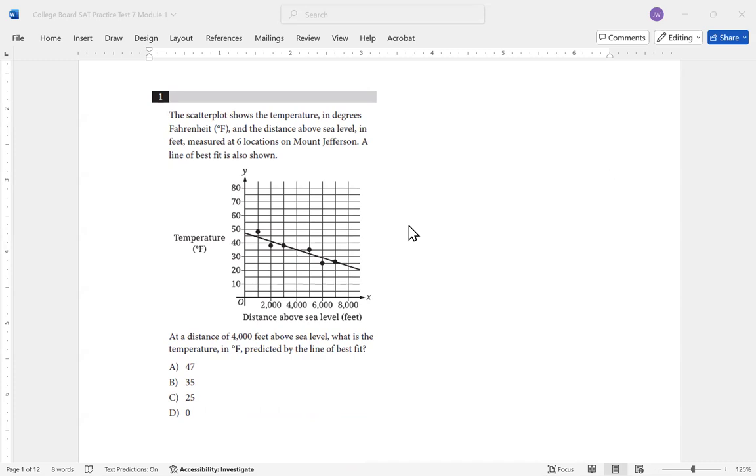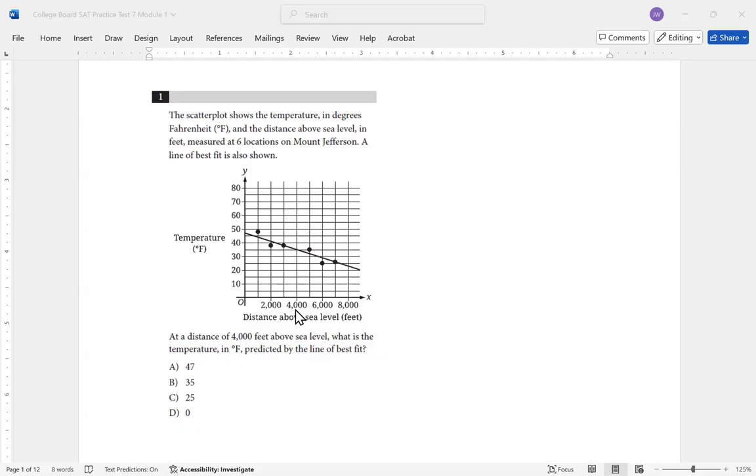A line of best fit is also shown. At a distance of 4,000 feet above sea level, what is the temperature in degrees Fahrenheit predicted by the line of best fit?